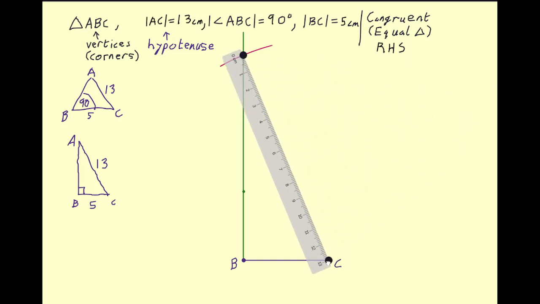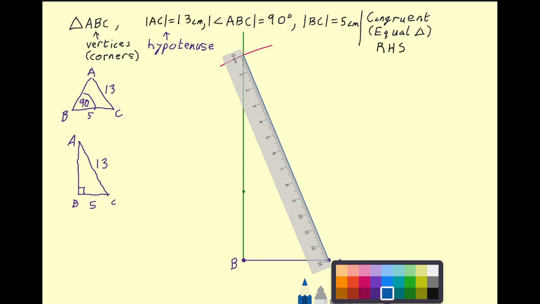And when I do that, I'll see that it ends up being 13 units, and it's crossing where I need it to. So I'm going to change my color there, draw in my line, and now I have my construction completed.